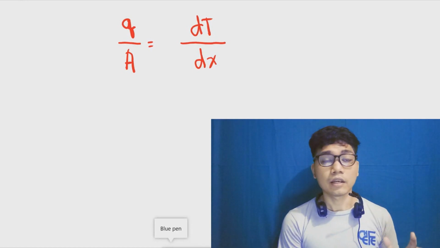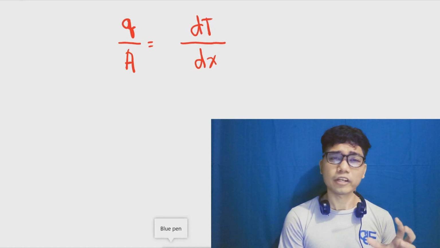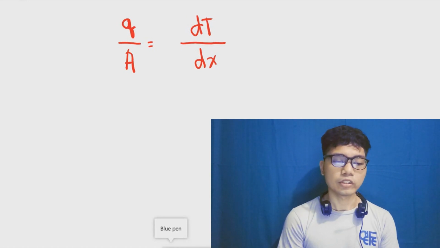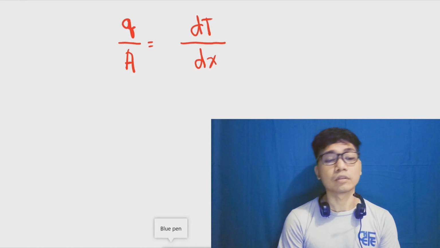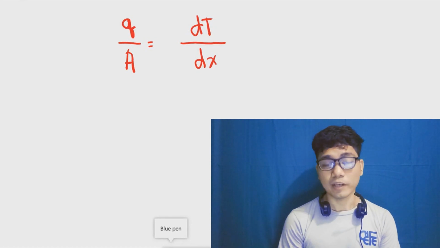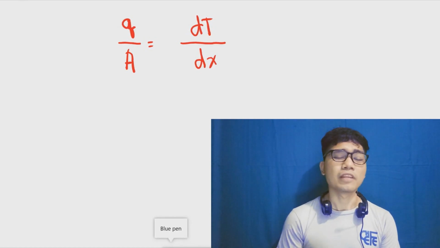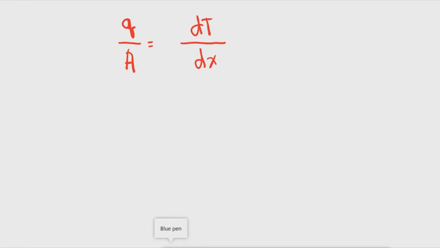So let's try using a slab, which is one of the most common materials that we use to explain this Fourier's law. For example, we have a slab here, and it is 3D.